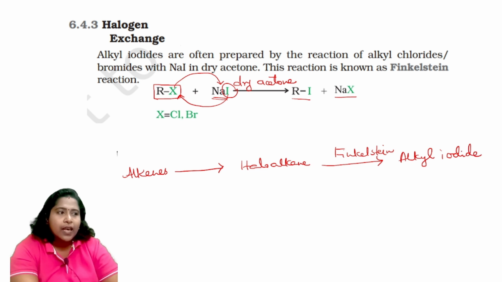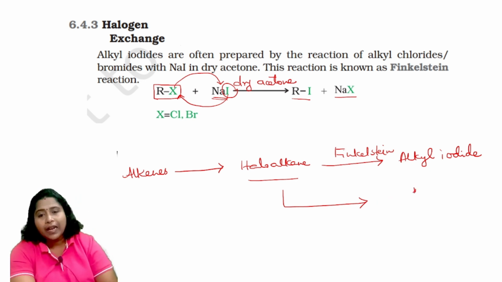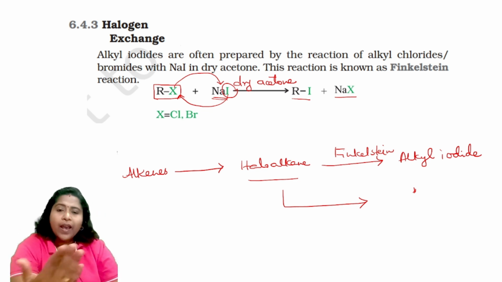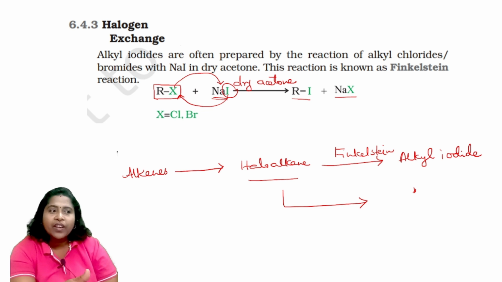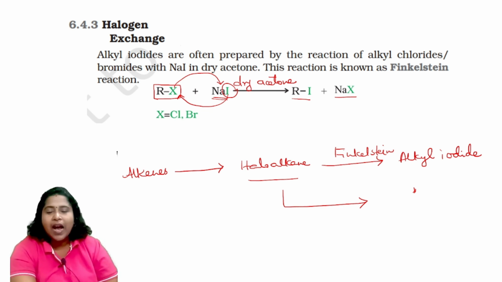Suppose in the question they directly give the haloalkane, then only one method is needed to prepare the alkyl iodide. But if they give an alkene, we have to use Markovnikov's rule, convert it into a haloalkane, then use the Finkelstein method to convert it into alkyl iodide.